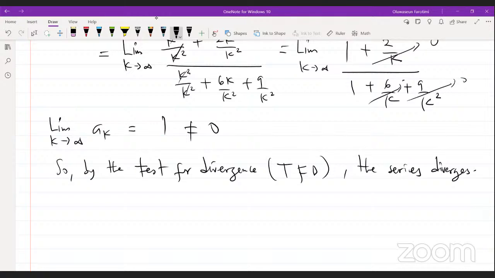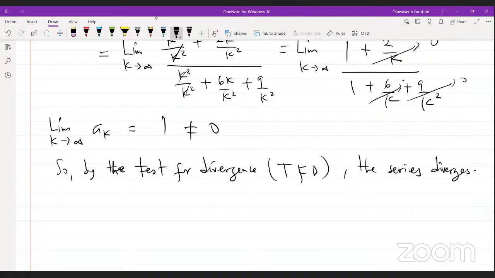You have to use a different test entirely. If this limit gives us 0, then this test is inconclusive. It doesn't give you information, and it's dangerous to make a conclusion from there. You have to think about different kinds of tests. In 11.3, we'll discuss the integral test. Going forward, we will talk about tests such as the ratio test, the nth root test, and every other test that can be used in some cases.